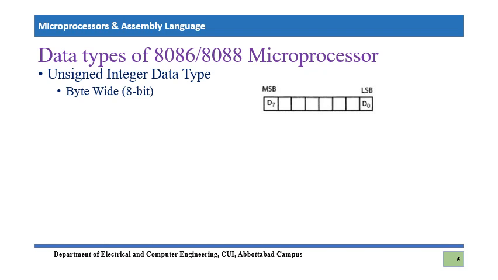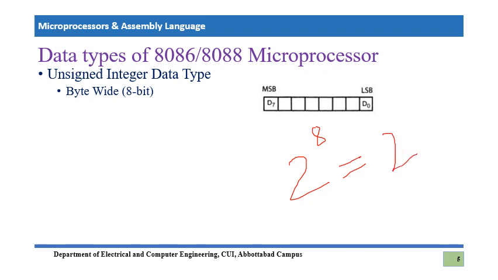Now let's come back to the original situation when we were considering byte-wide information of 8 bits, with the unsigned integer data type. There are 8 different bits used for this purpose. So 2 power 8 gives 256 different combinations.